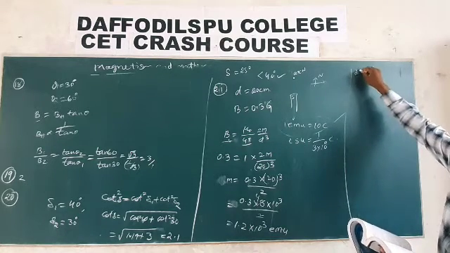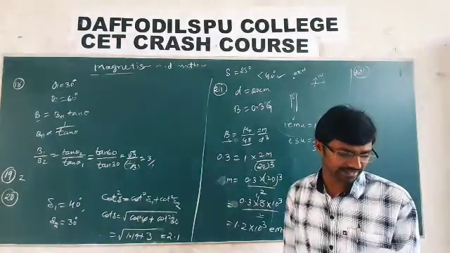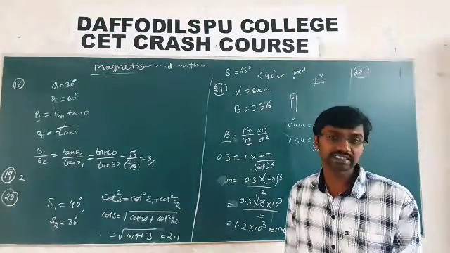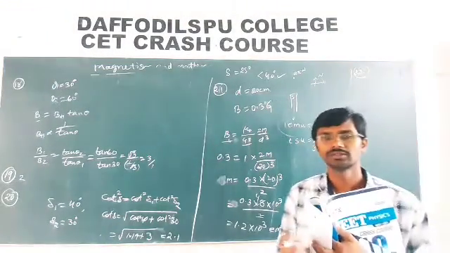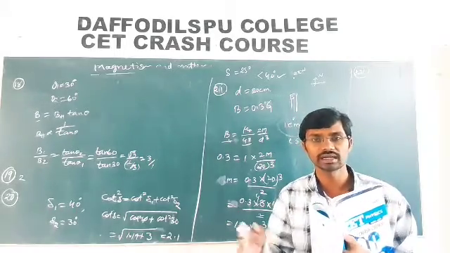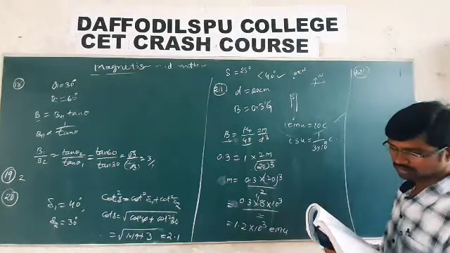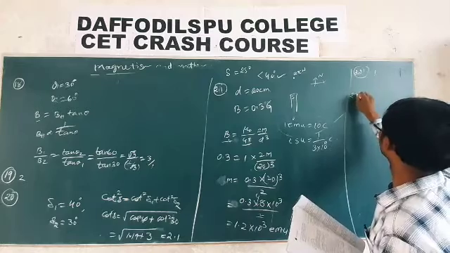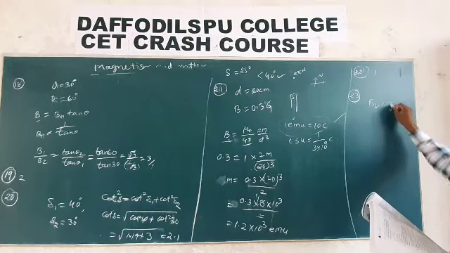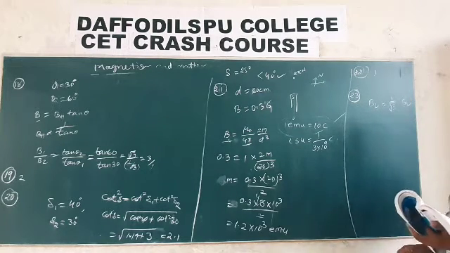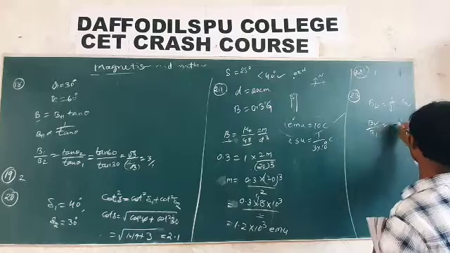Then 0.34 by 0.4 into 10 power 3, and here we have 0.16 minus 0.0225, which is 0.1375, whole square. Then m is around 8 ampere meter square.